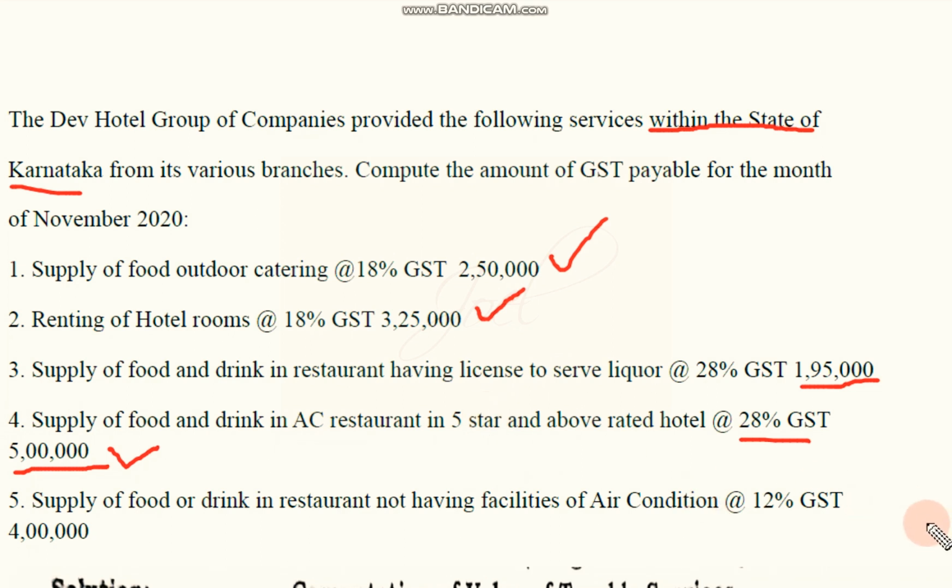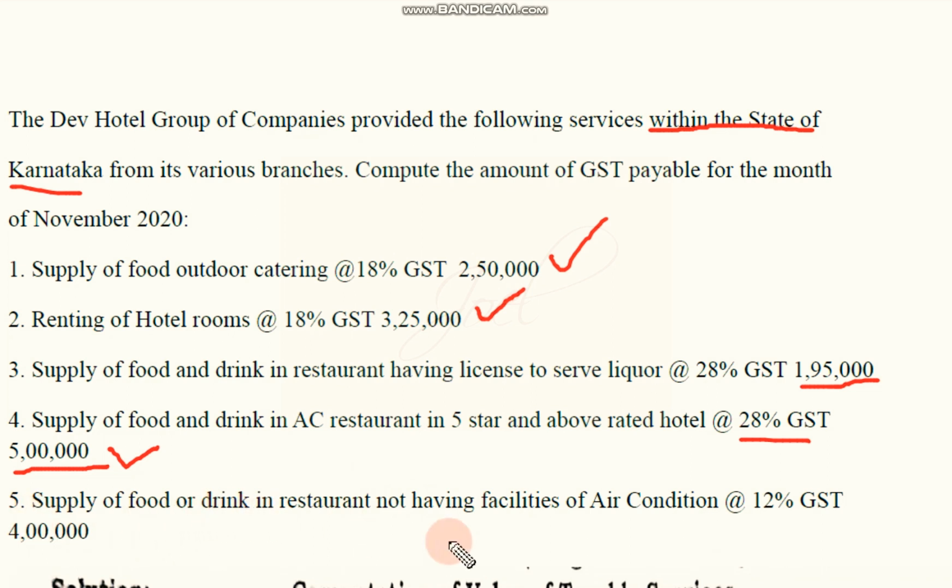Now if 28% is the way we will use, 28% is the highest rate given in the problem. When rate is given, that rate itself we will calculate. If it is difficult to calculate, then half of that we can calculate, 14%, and write it in two columns. So that is also allowed.